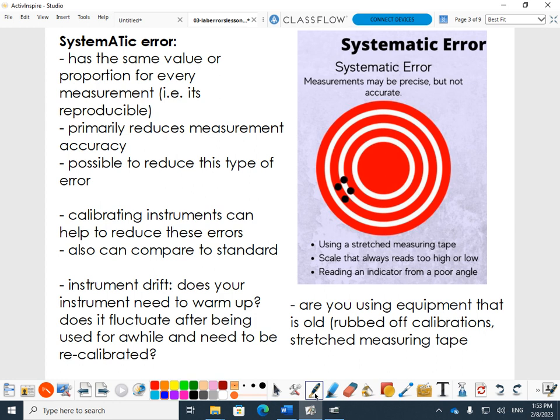I bought a measuring cup from the dollar store for my house, and when I was washing it, the red calibrations actually wiped off. So obviously I thought, I guess I can't use this anymore. We don't use stuff like that even here. And certainly, if you get further along in your education, hopefully your equipment is better. Is the measuring tape stretched? Are you starting knowing that this is no good?